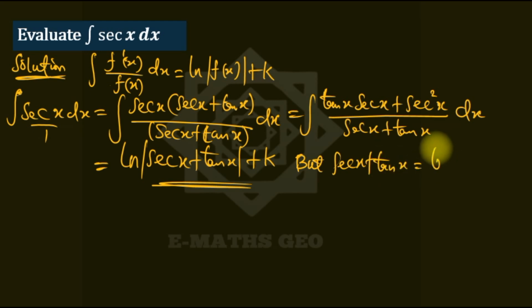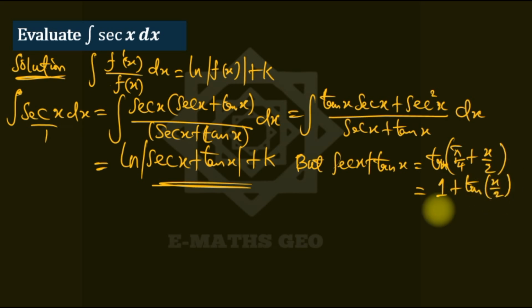The first one is tan of pi over 4 plus x over 2, or it is 1 plus tan x over 2 over 1 minus tan half x. So sec x plus tan x is either this or this.